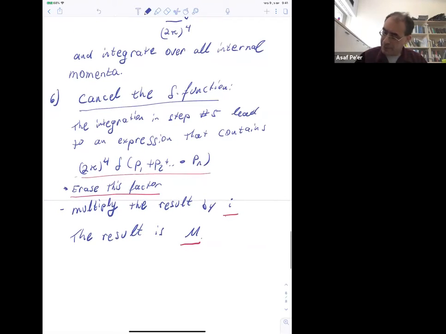And then the last step is simply to repeat all steps for each diagram that we have, and then sum over all diagrams.